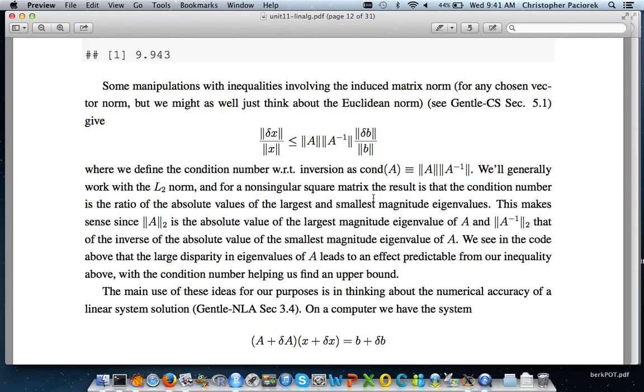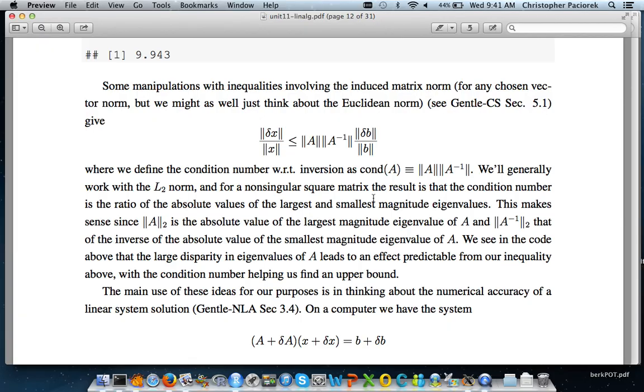Okay, so if I just multiply this out, I'm going to get AX plus A delta X plus delta A X plus delta A delta X equals B plus delta B. And now I'm going to move everything to the other side.